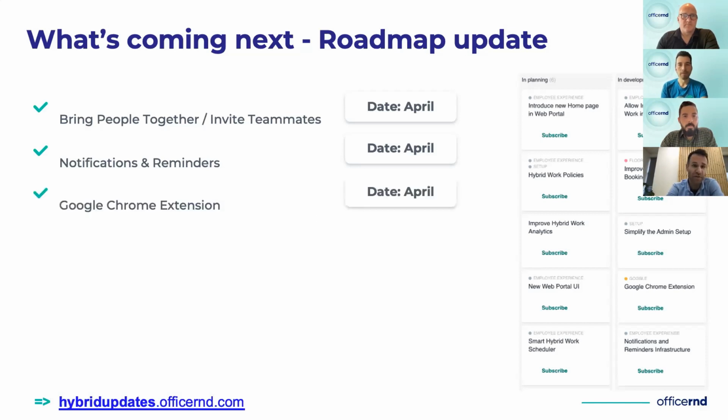book and join you for that day, which comes down also to what we call the notifications and reminder system, which also will be ready in April or around that time frame, where we want to allow you and your employees to basically configure all the notifications and reminders they will get from the system.